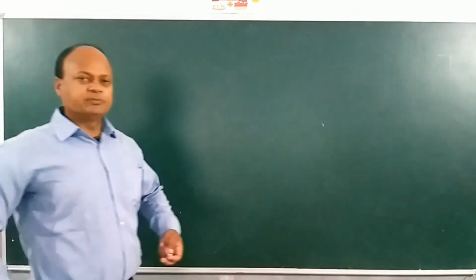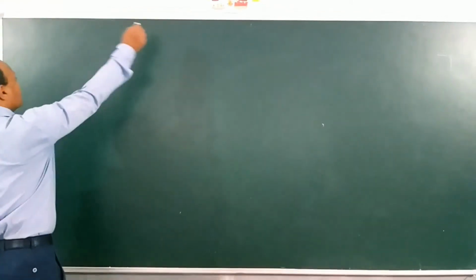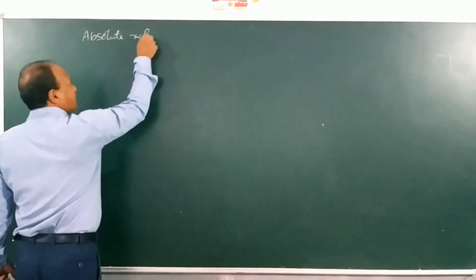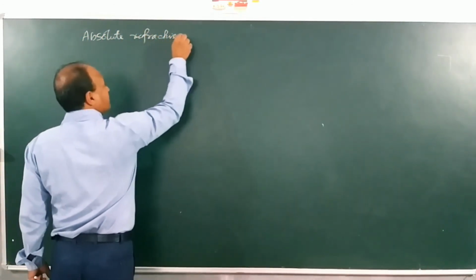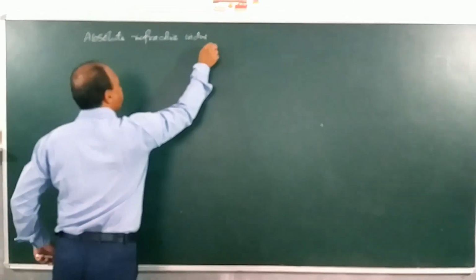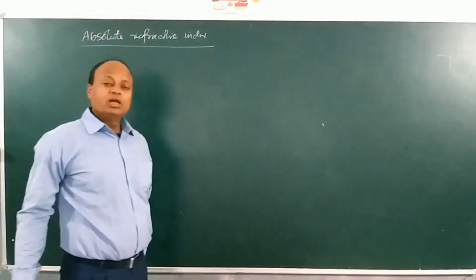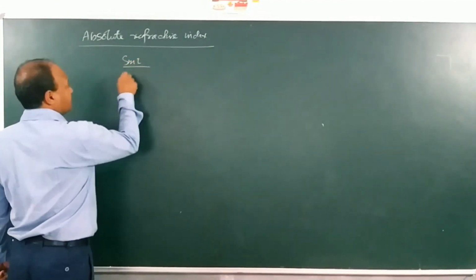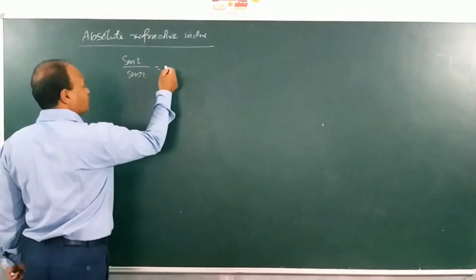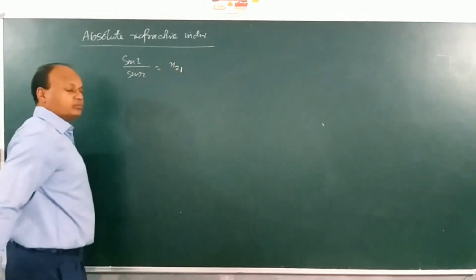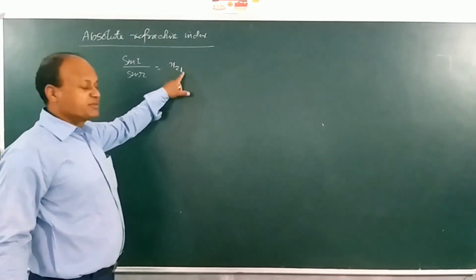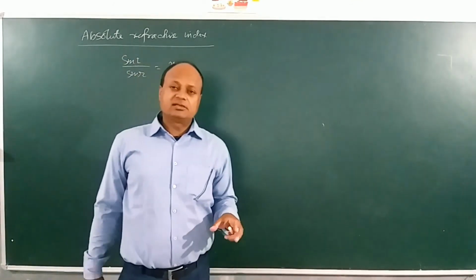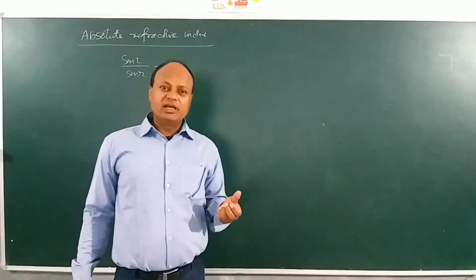Now we will understand a new term called absolute refractive index. We said sin I by sin R is equal to n21, refractive index of 2 with respect to 1. Generally, all the refractive indices are calculated with respect to air.